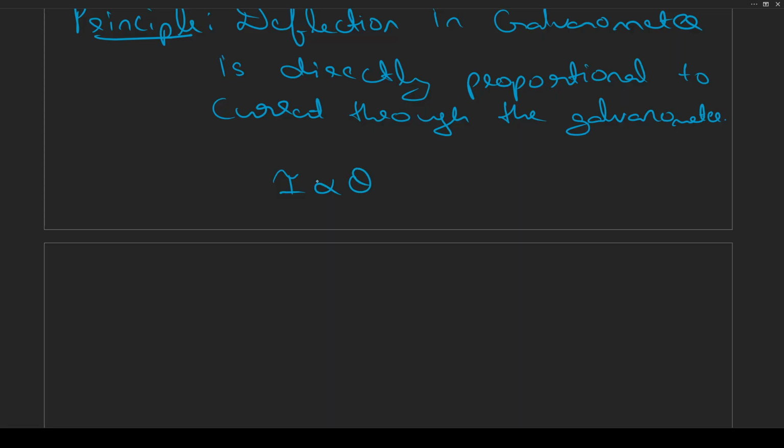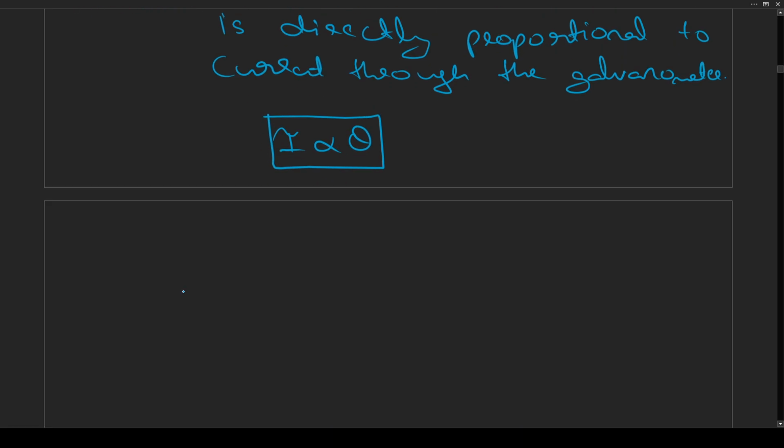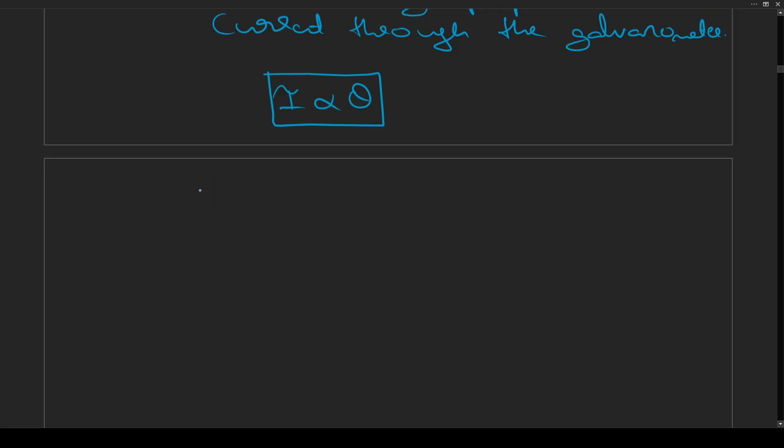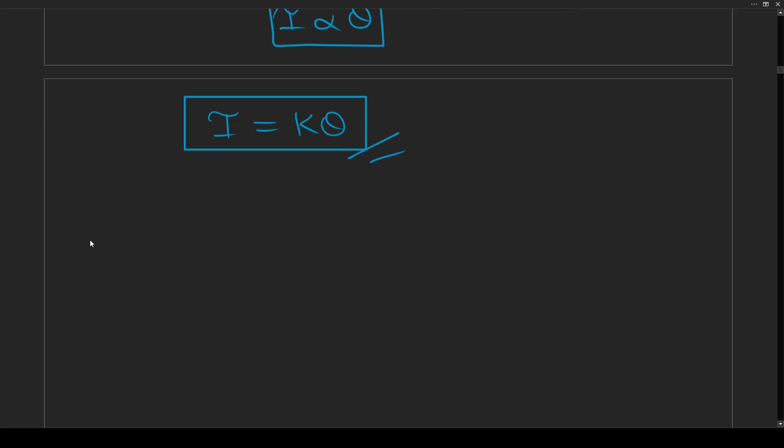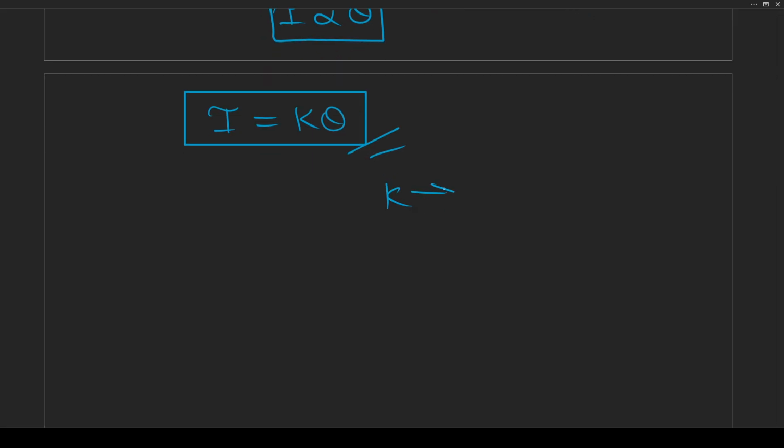I, current, is directly proportional to deflection theta. And as we know, to remove the proportionality, we introduce a constant, that is figure of merit, K, so I is equals to k theta. This is a main important formula. If we know this formula, we can derive the main formula in this experiment. K is called the figure of merit of the galvanometer.